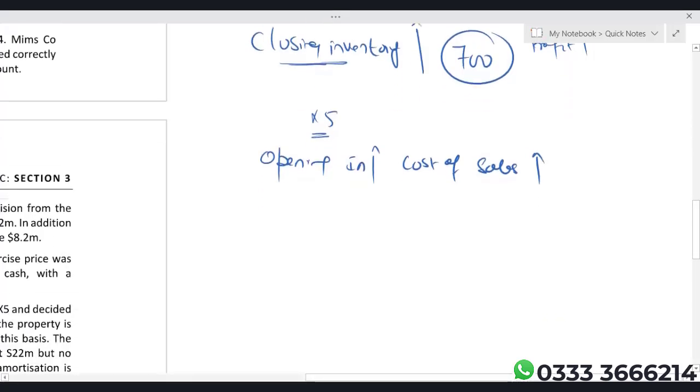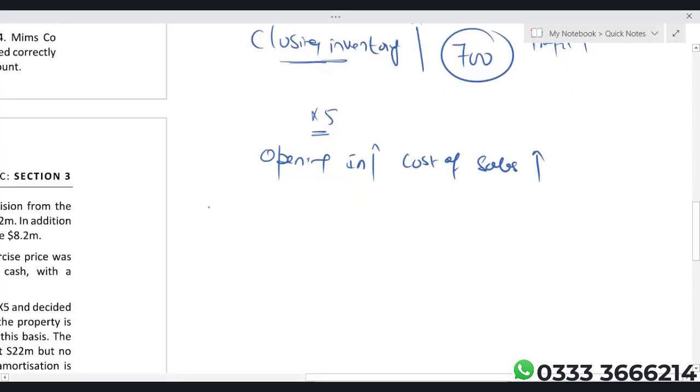Now, the correction. Let me just show you the working through a double entry. If we are going to correct this, obviously the correction will be in X5. Now listen carefully. Closing inventory of X4 is overstated.